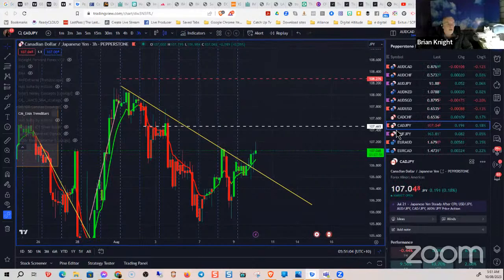Well, that's interesting. Yeah. So I've actually moved stop loss into break even plus. So it's wherever it is here. Maybe I should move that now.